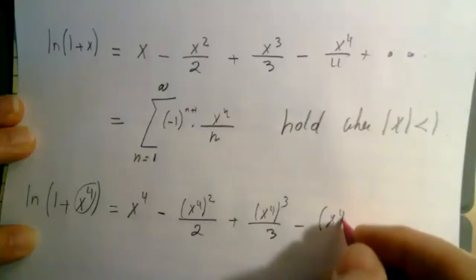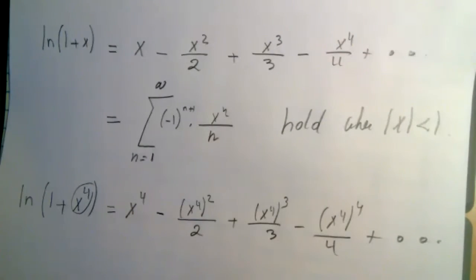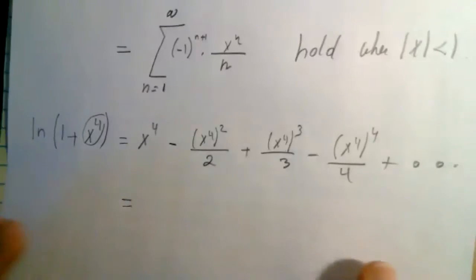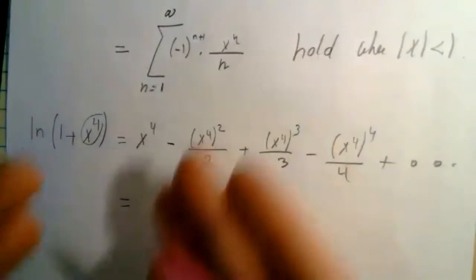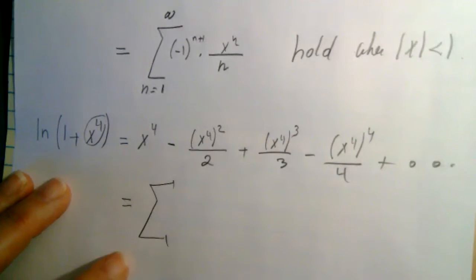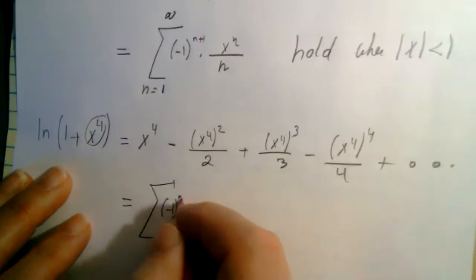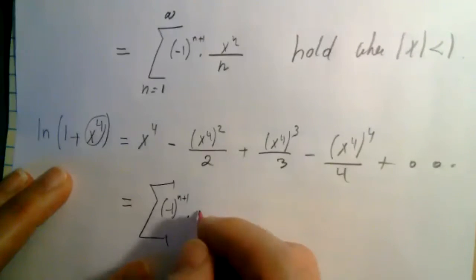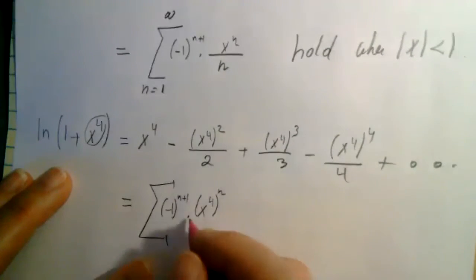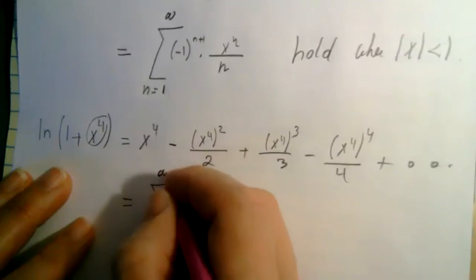Instead of x, x to the 4 to the 4 over 4. That gives us the power series of that. And now in sigma notation, because I would ask you to show me both on your exam tomorrow, to make sure that we can write it in sigma notation and without it, this gives me minus 1 to the n plus 1 times x to the 4, to the n, over n, where n goes from 1 all the way to infinity.